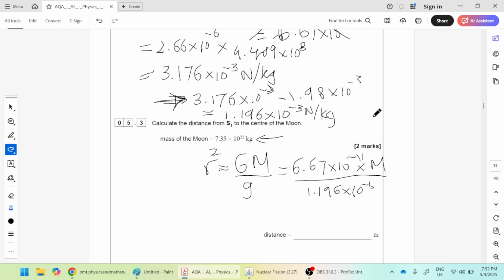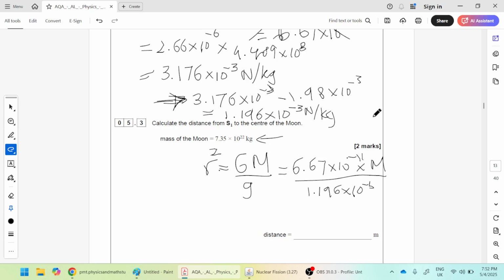Right. Square root. I'm ending up with a distance of 6.4 into 10 to the power 7.